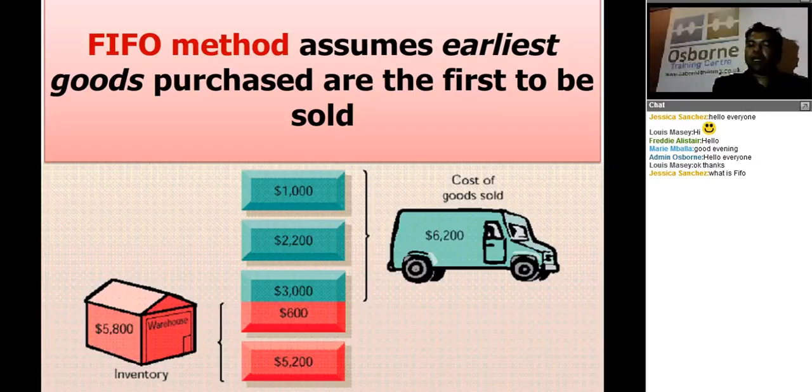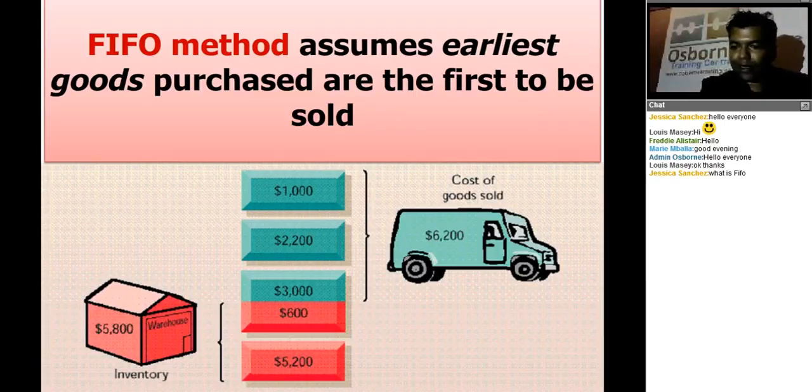After that, we received $3,600 worth of inventory. And the last stock we received is $5,200. When the stocks are going out, or we're selling them off, the one that came in first in the order will go out first. As simple as that.